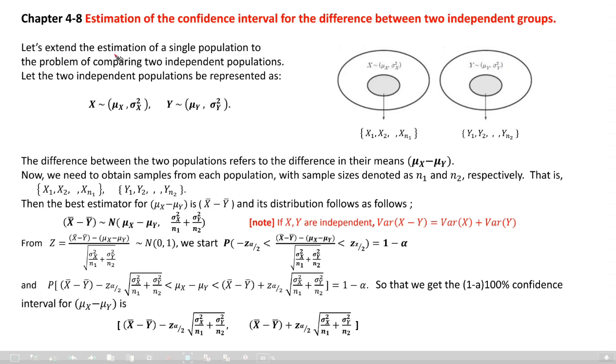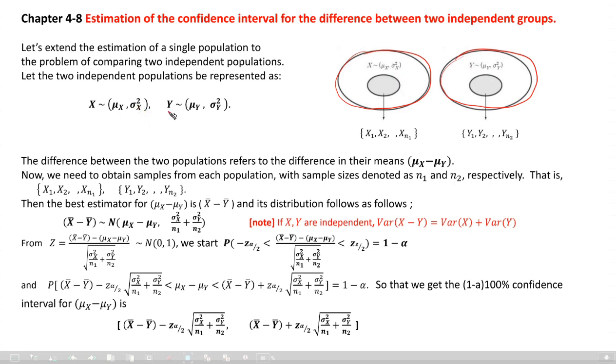Let us extend estimation of a single population to the problem of comparing two independent populations. We have now two populations, population 1, population 2. So let us think about two independent populations. One population is represented as x, which follows mu x and variance sigma x squared.